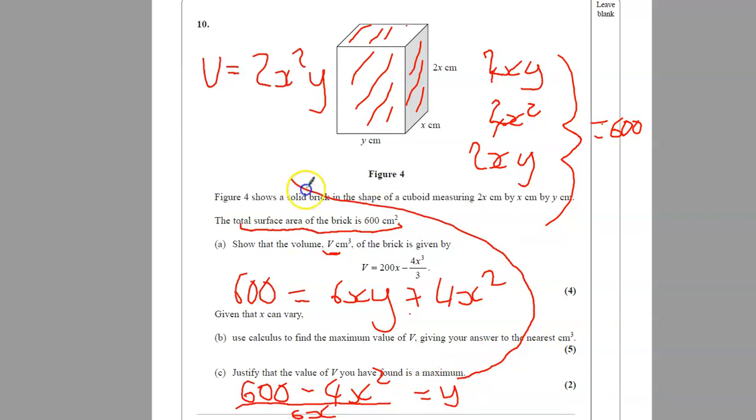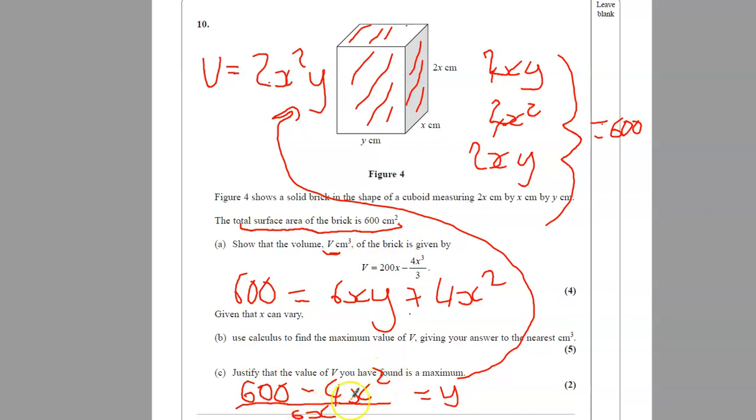And we can then substitute that into here, and when you expand it, you're going to multiply that whole fraction by the 2xy. If you expand that, you've got 600 over 6x, that's going to give you 100, times 2, that's going to give you the 200, x squared over x is your single x. And then here you've got 4x squared over 6x.